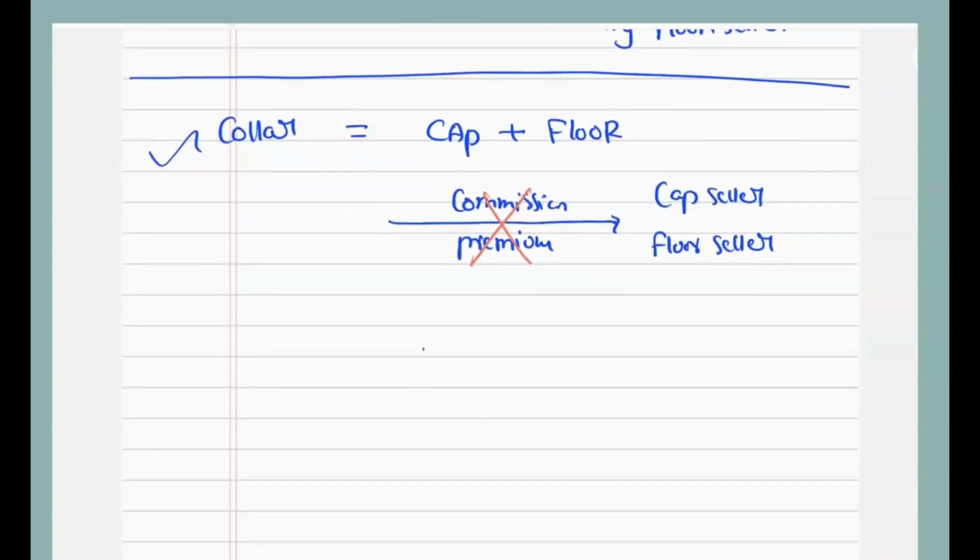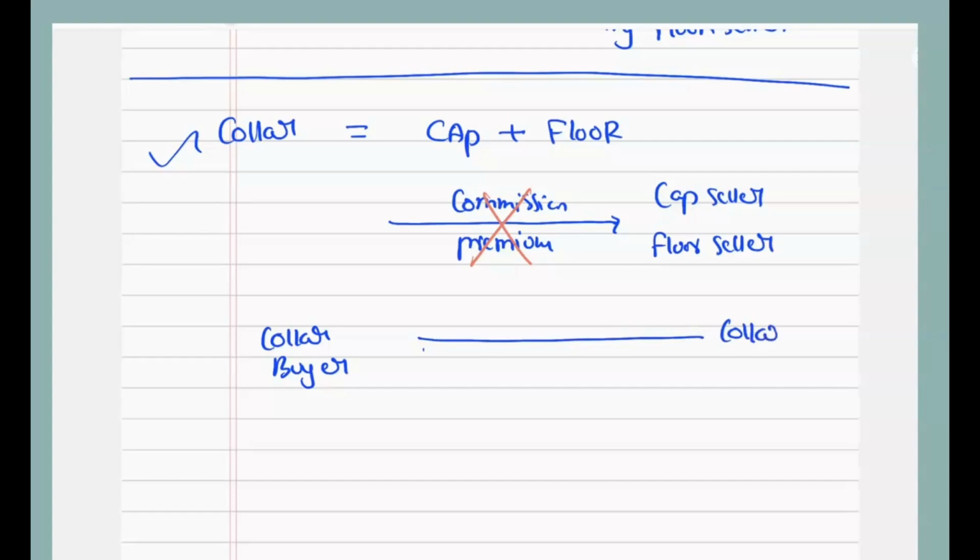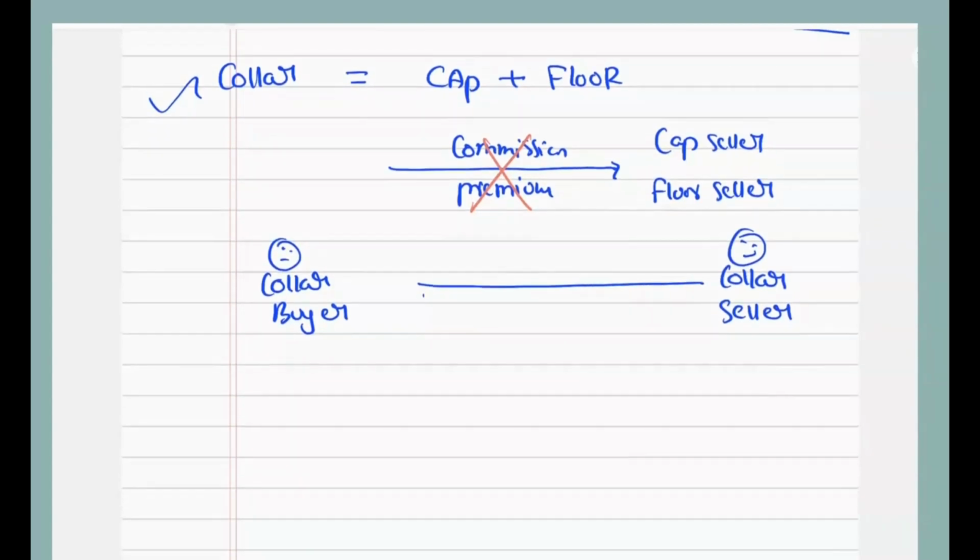So in this case, you are the collar buyer, and one more person, we have the collar seller. Collar buyer and collar seller. The collar seller will be compensating the loss of the collar buyer, that is you.